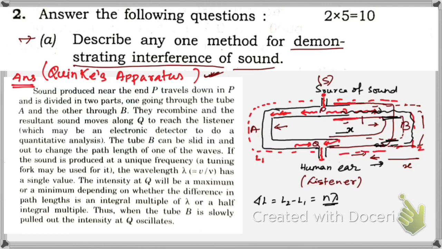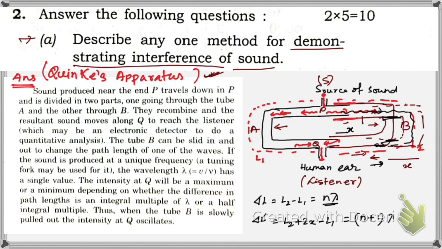Hope you have understood this. Then the new path difference L dash will be L2 plus twice x minus L1, and suppose we have now got the next constructive interference, that is n plus 1 lambda.